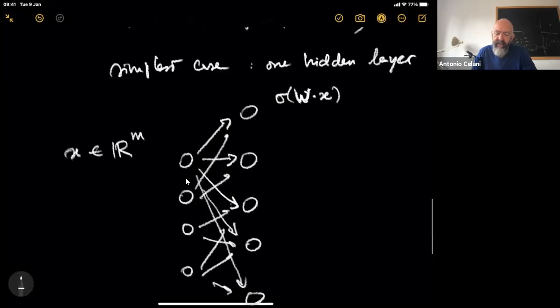So what this graphical description means is that we are doing two operations in sequence. First, we collect these inputs, these components, and we combine them somehow according to some weight matrix, which makes a linear combination. And then we make a nonlinear transformation, which typically has the form of a sigmoidal function, but not necessarily.